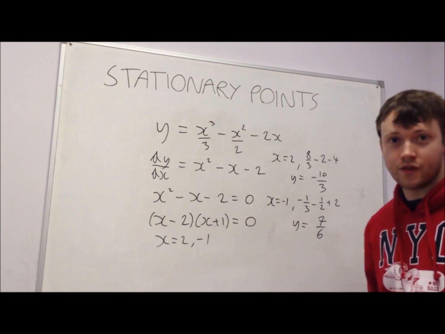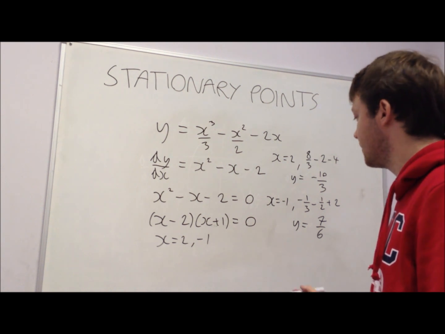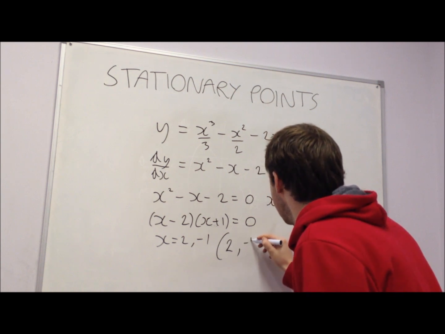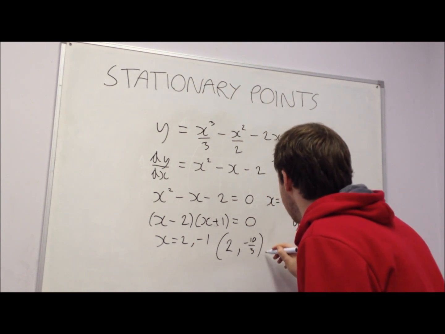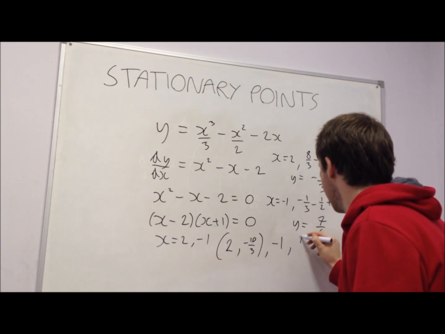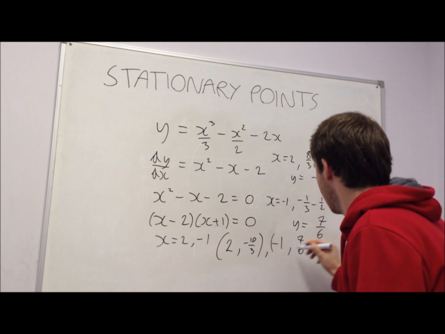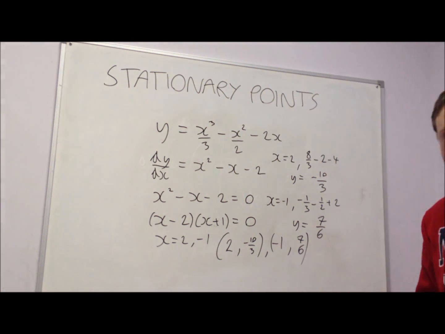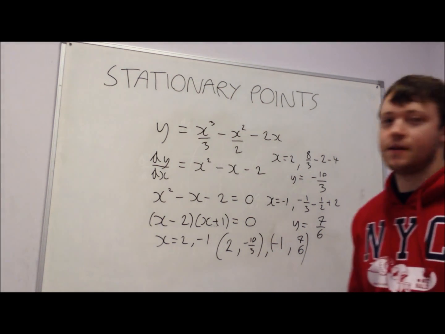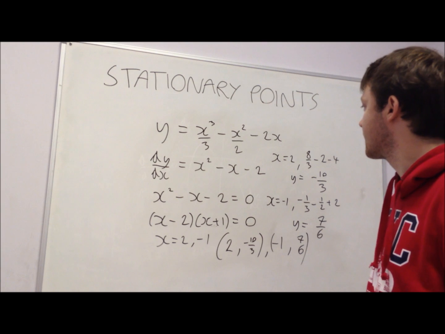So we can jot down the full coordinates of our stationary points. And that would just look like this. So that's half the problem done already. We've got full sets of coordinates for both stationary points on the curve.